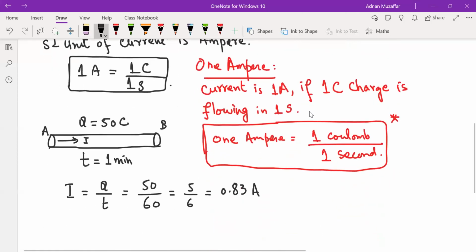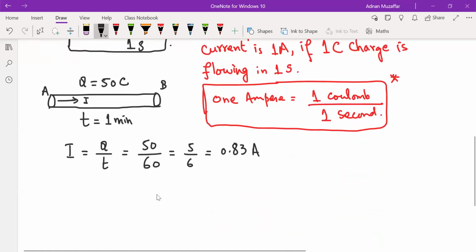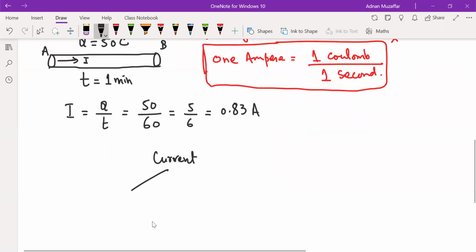Anyways, so we treat current in two ways. One is called conventional current, and the other one is called electronic current. Now, it's very important to know the meanings of these two currents. Very important, very, very important concept.